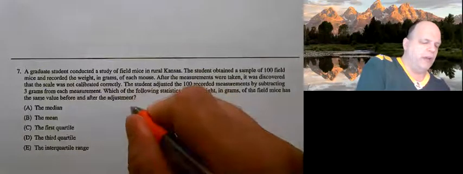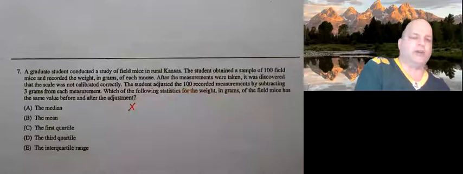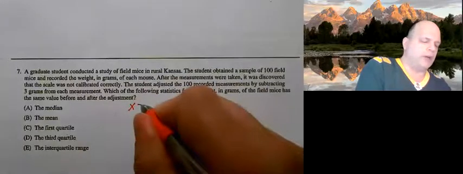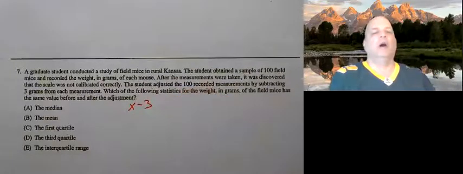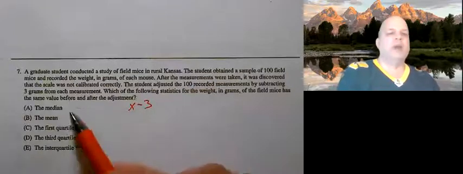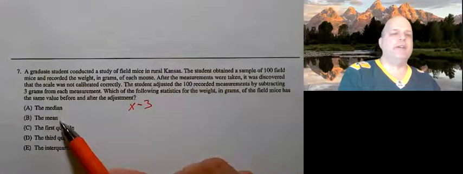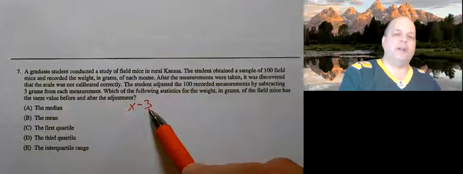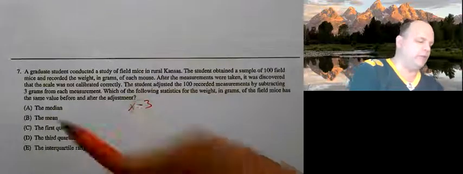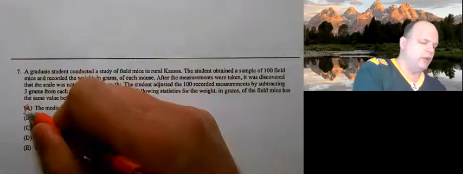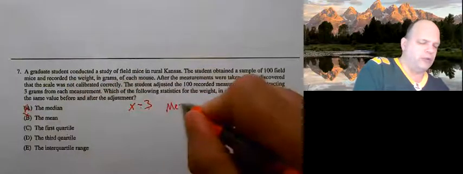So basically, we had each individual value, which I'll just represent with an X, and we subtracted 3 from it. Measures of center definitely change by the constant. When we add and subtract constants, measures of center change.